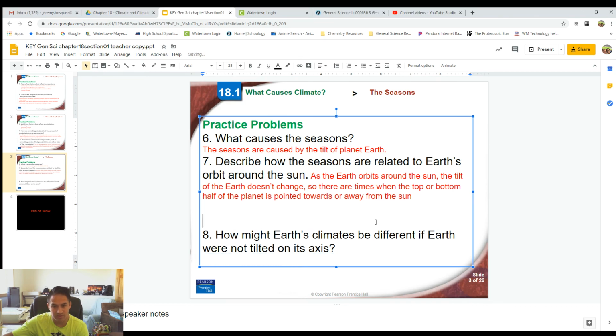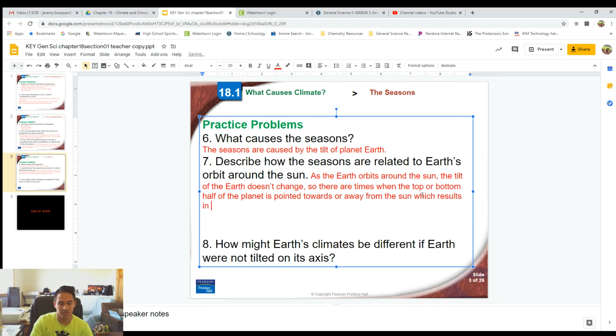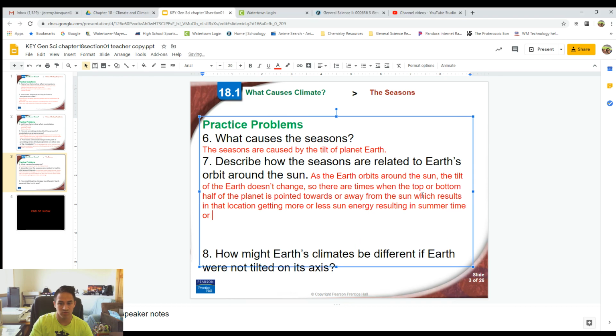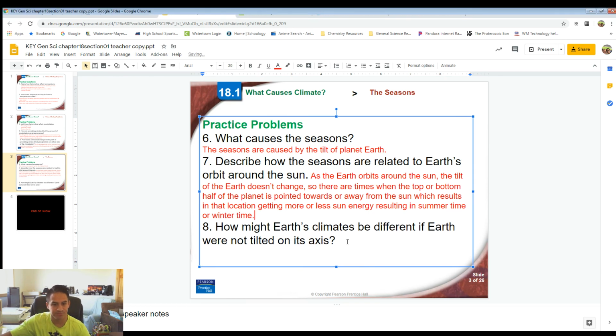I'm going to shift this up. There you go. Away from the sun, which results in that location getting more or less sun energy, resulting in summertime or wintertime. Okay, there you go. Try to explain as best we could.